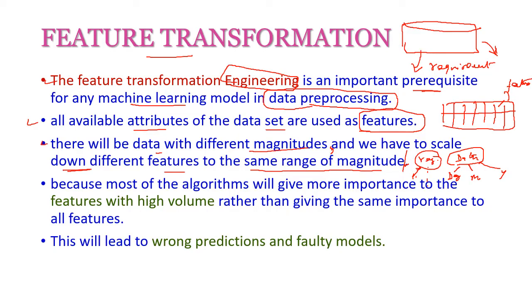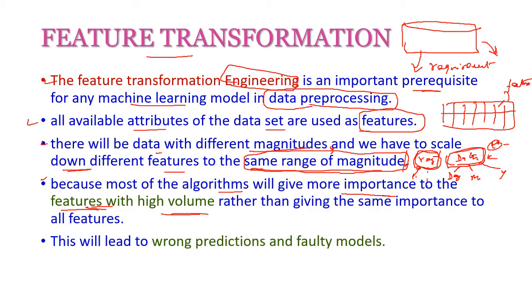We have to scale down all the features into the same range of magnitude, because most algorithms give more importance to features with high volume. That means some algorithms will give more importance to date when compared to register number, because it has more volume of information.